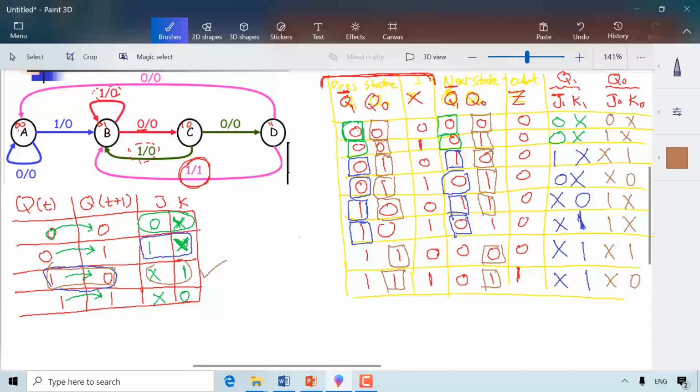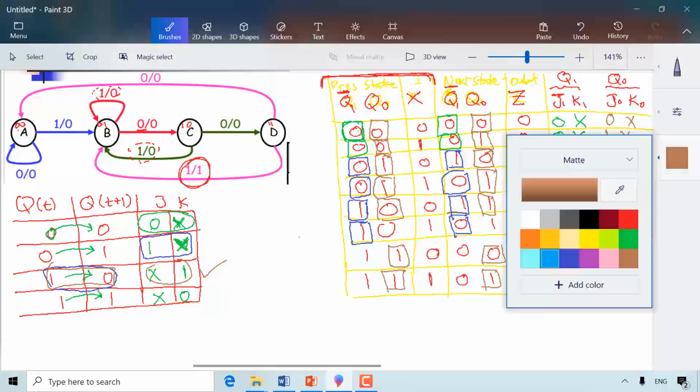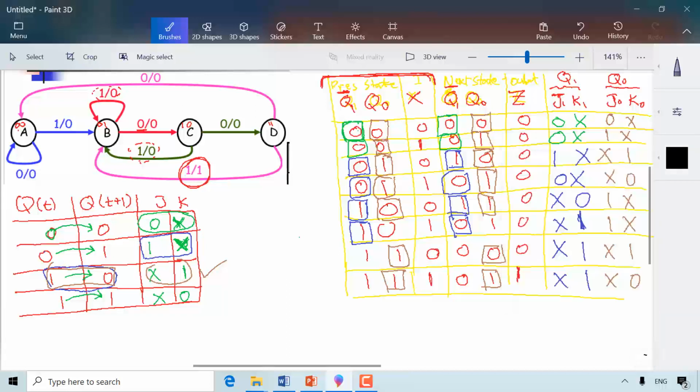Now I can see that I have my inputs to the flip-flops, and I draw these columns to differentiate between the J and the K of the different flip-flops. Next, I use K-maps to do minimization.